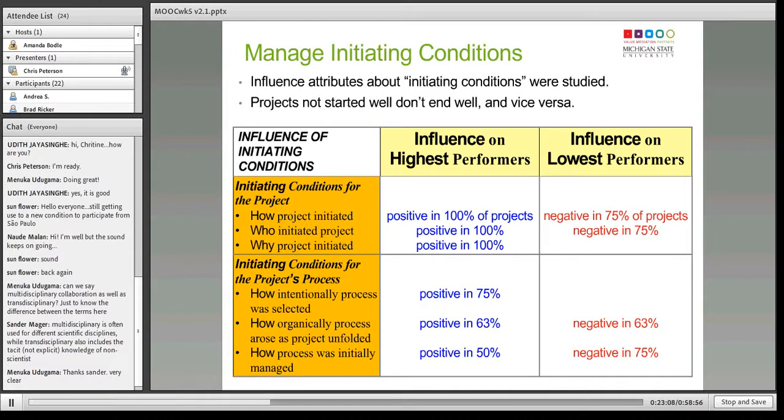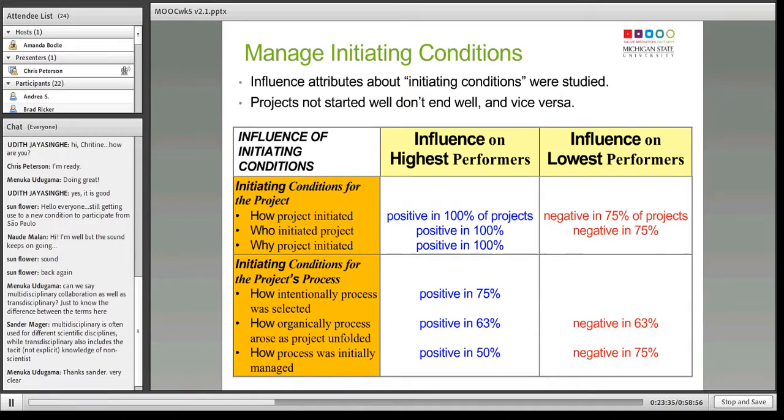So how you start these projects, who you have involved, are very, very important, and they fall out of those initiating assumptions, because the how it gets initiated has to do with really being focused on innovation and sustainable development, and the who has to do with having all of the KINGI partners present.